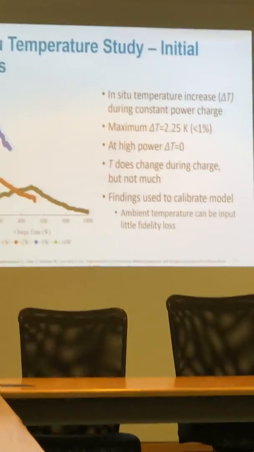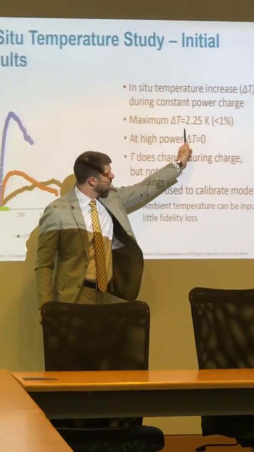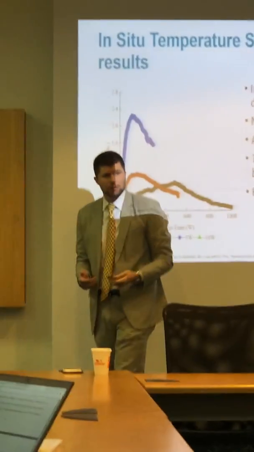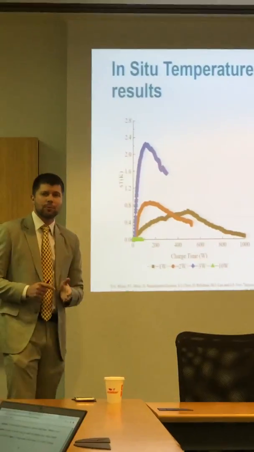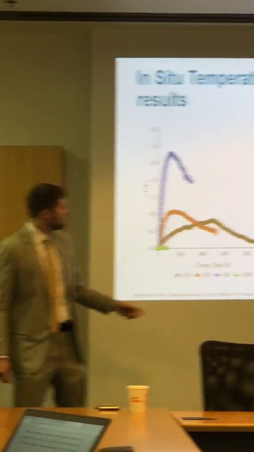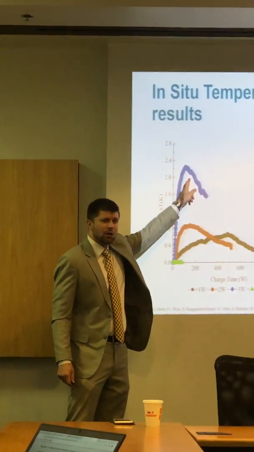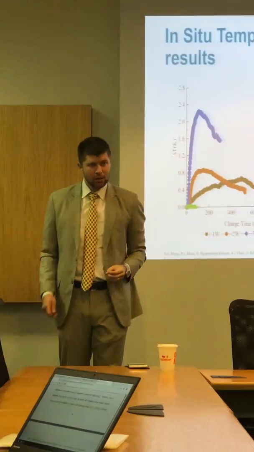The maximum delta T value I saw was 2.25 Kelvin, or 2.25 Celsius. Now, if the room temperature is 300 Kelvin, this is less than a 1% change. And this value was achieved at a 3-watt charge. At a higher power, delta T was 0.